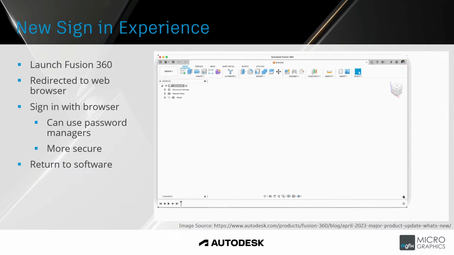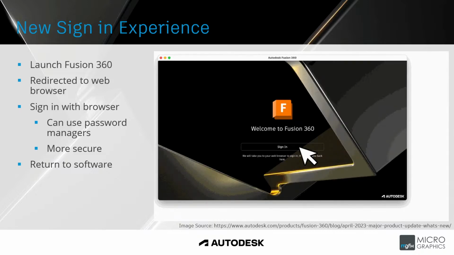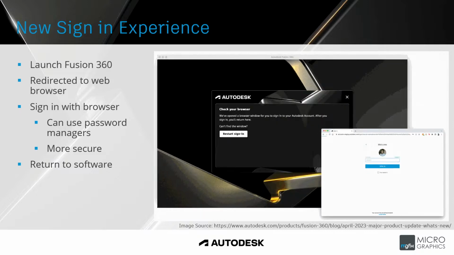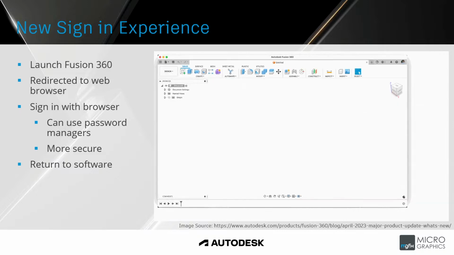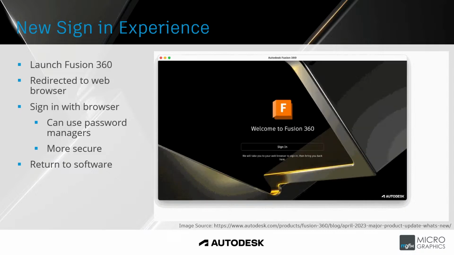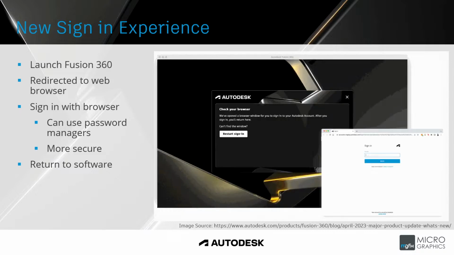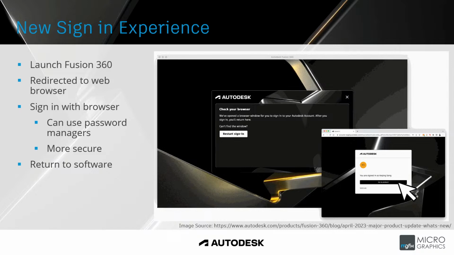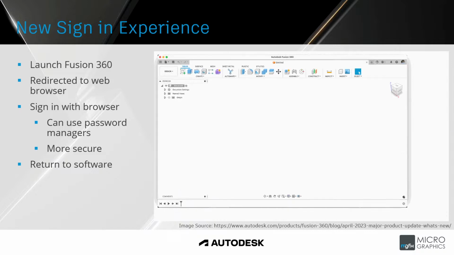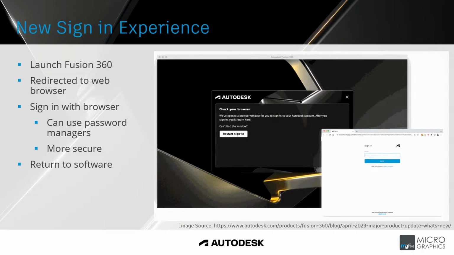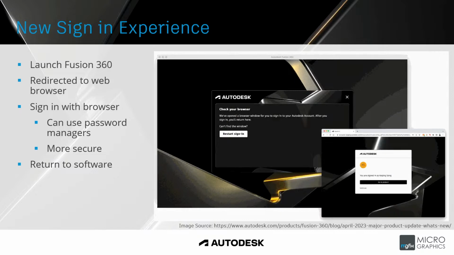Now you are redirected to a web browser and you sign in there. You can see on the animation on the right hand side: welcome to Fusion, you click sign in, it opens up your web browser, you sign in, and you have a button in the web browser to click to go back to your product.